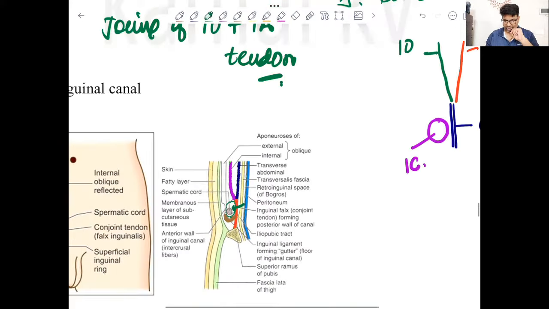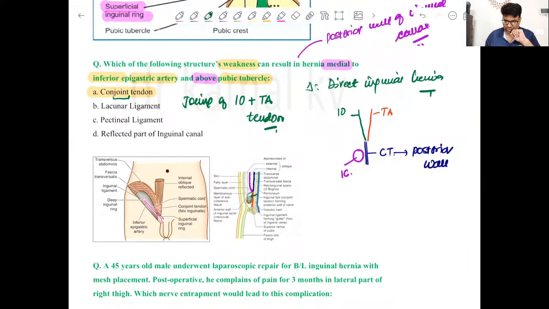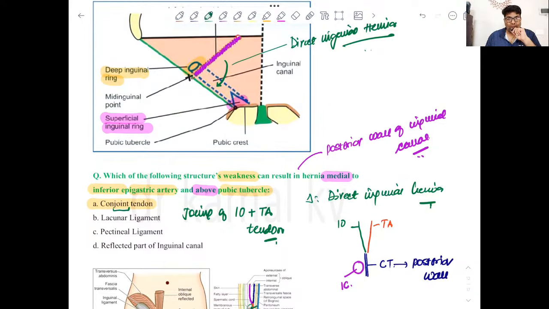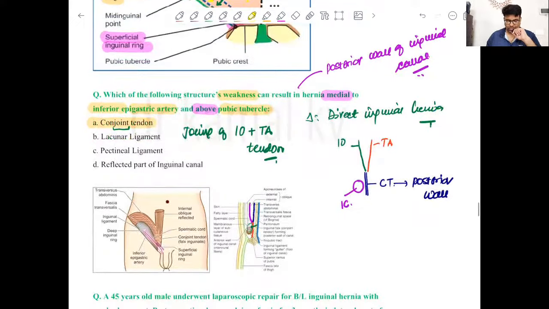So what is the answer to this particular question? The case is about direct inguinal hernia, and we know that in direct inguinal hernia the content enters the inguinal canal through the posterior wall. It is only in the indirect variety where the content enters through the deep inguinal ring, something like this. So this is the indirect variety. Direct goes through the posterior wall, and for the posterior wall please remember the conjoint tendon.